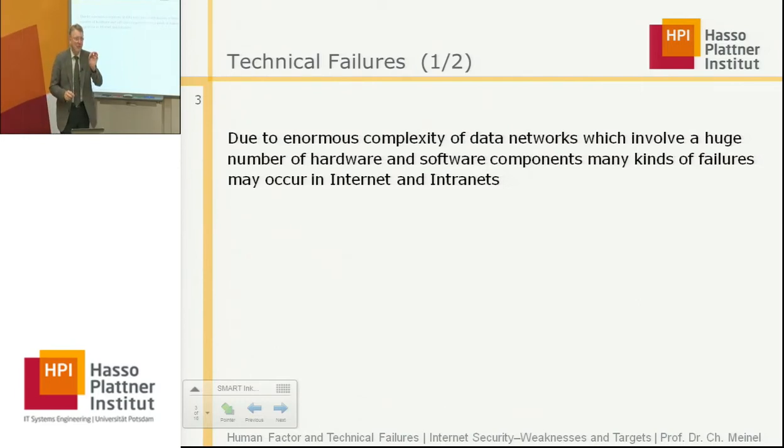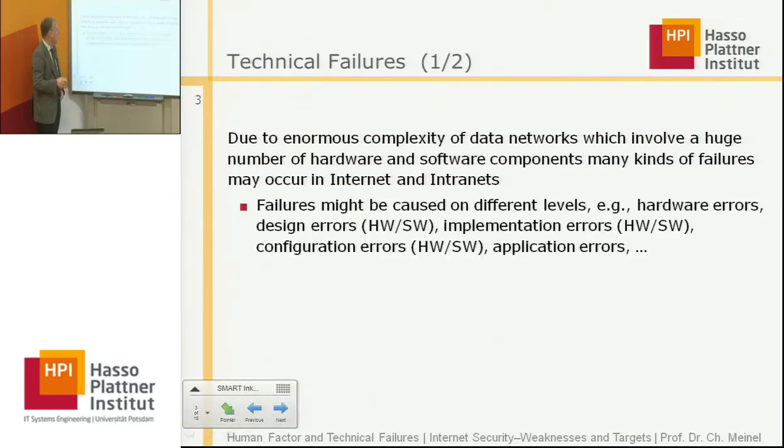If any piece has only one small error, then due to the combination of all the systems and their connection to a complex IT system, there are many errors, a huge number of errors in the hardware and software components. And the problem is that these errors do not only affect the functionality, but they also affect the security of a system. So on the basis of some of these errors, one is able to attack a system, to break into a system. So these failures are really an important problem.